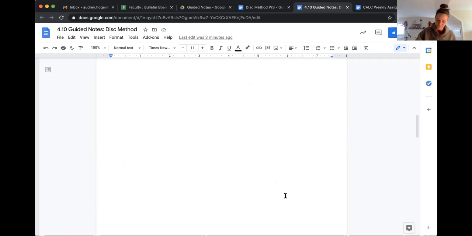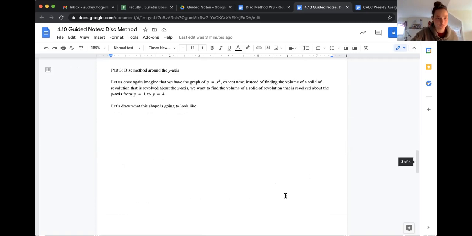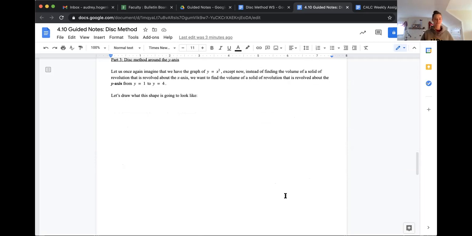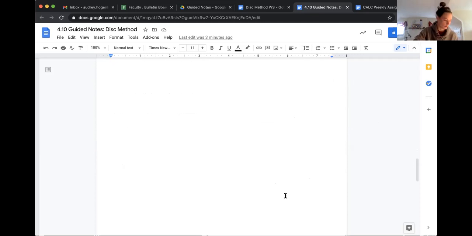Okay. All right. Part 3, disk method around the y-axis. So let us once again imagine that we have the graph of y equals x squared, except now, instead of finding the volume of a solid of revolution that is revolved around the x-axis, we want to find the volume of a solid of revolution that is revolved around the y-axis from y equals 1 to y equals 4. So again, let's draw what this shape is going to look like.